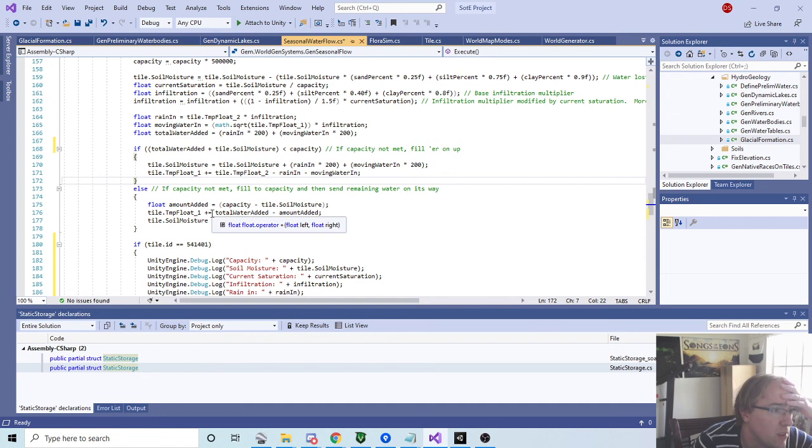So the question is, if capacity not met, fill the capacity. Let's look at the check.